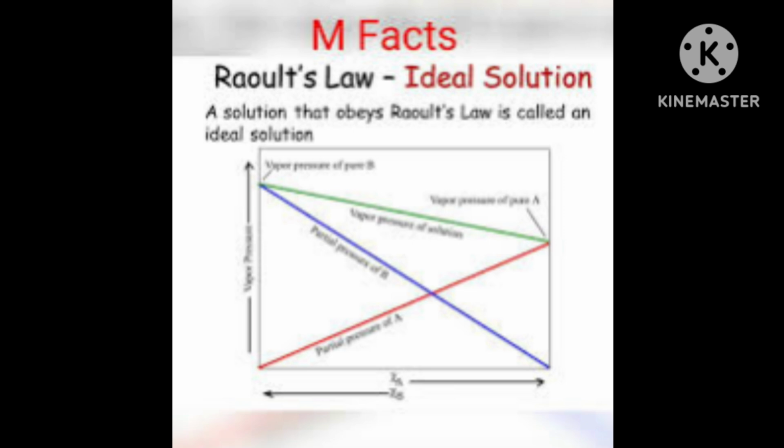That is called P total. P total is equal to P1 plus P2. That line will tell about the total vapor pressure.